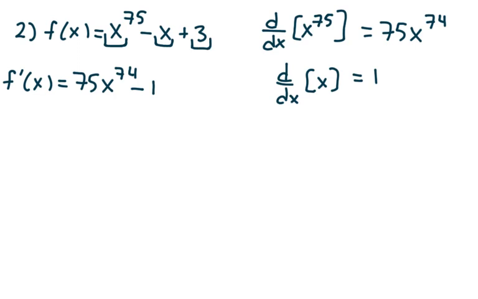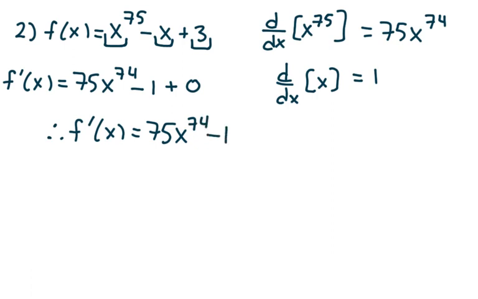The derivative of any constant with respect to x is 0. 3 is a constant. So the derivative of 3 with respect to x is 0. And so, therefore, f prime of x is 75x to the 74 minus 1. That's example 2.